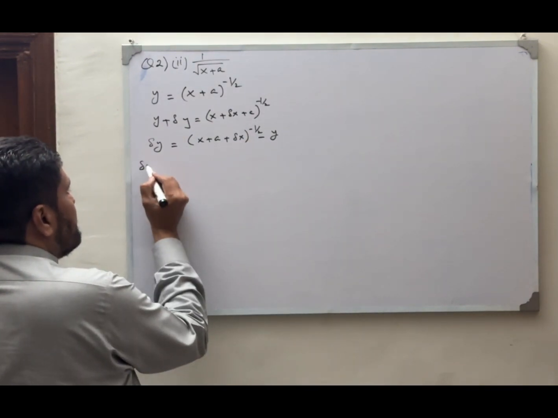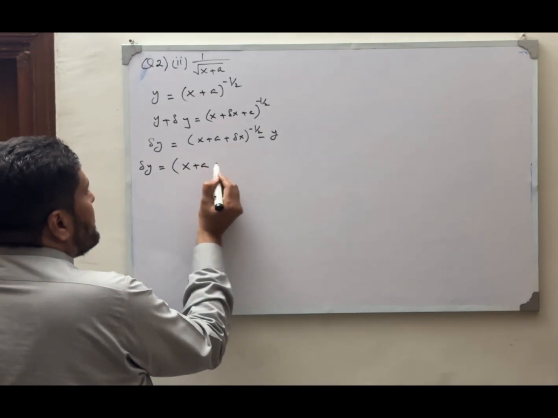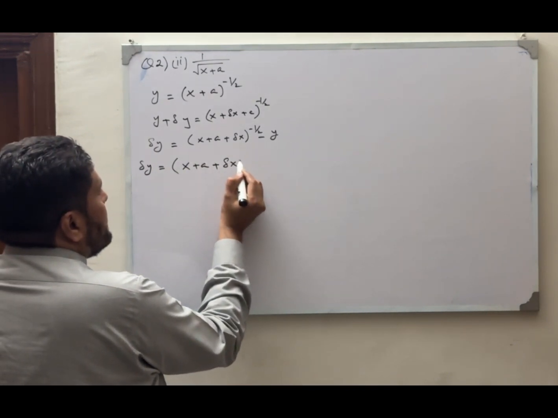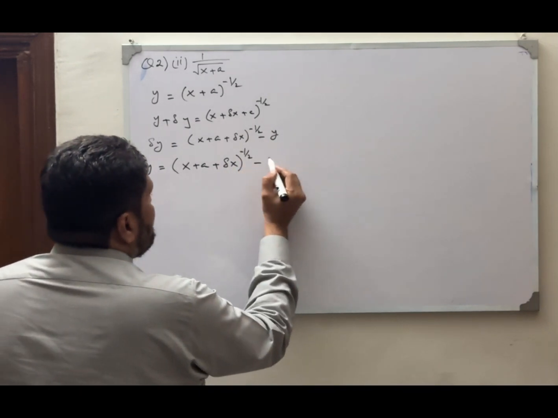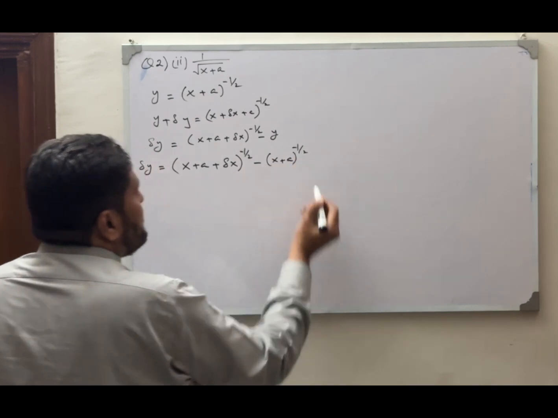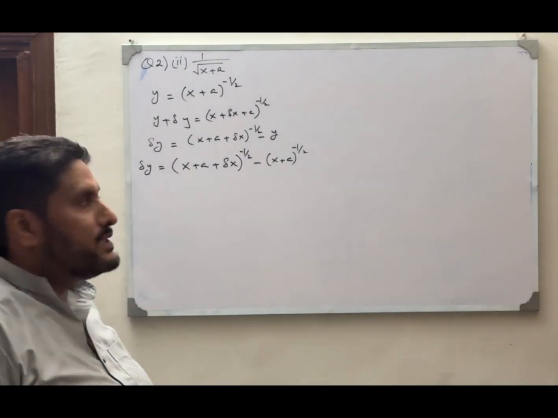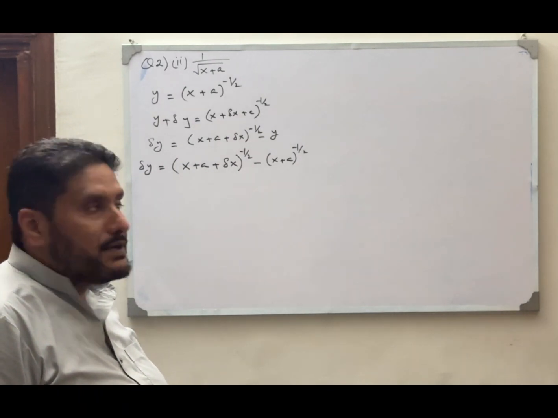Now by placing the value of y, that is equal to (x plus a plus delta x) power minus 1 by 2 minus (x plus a) power minus 1 by 2, by placing the value of y, that is (x plus a) power minus 1 by 2.